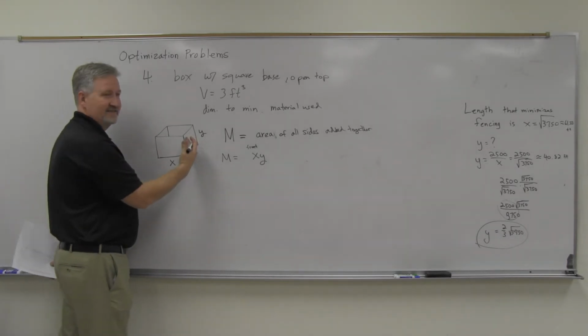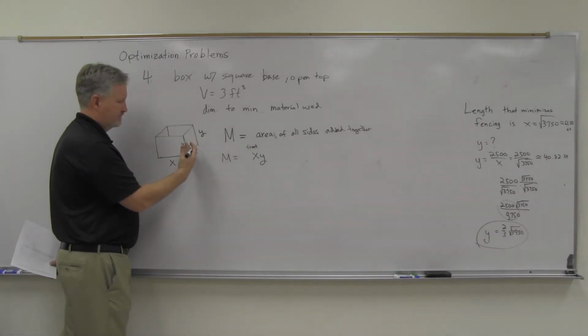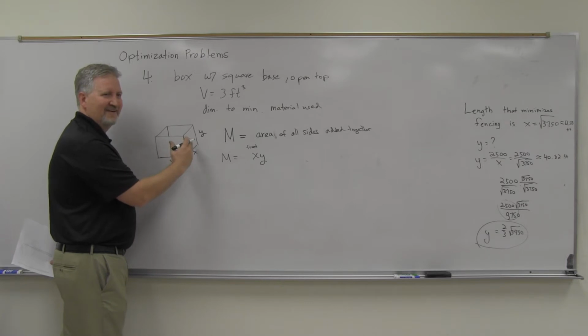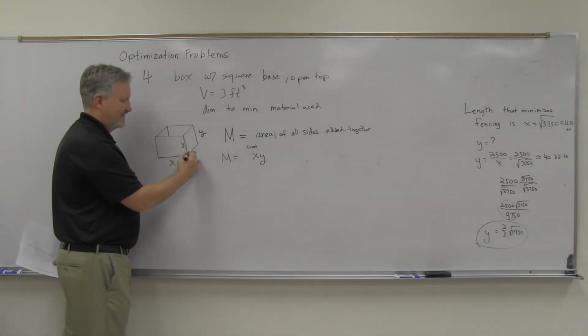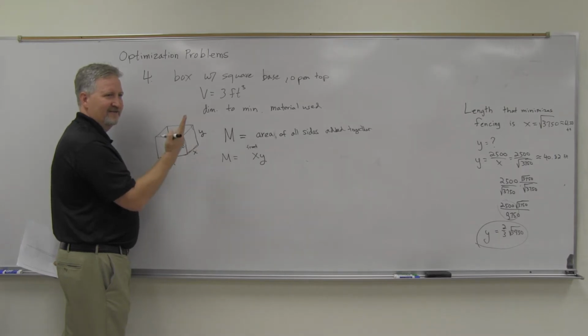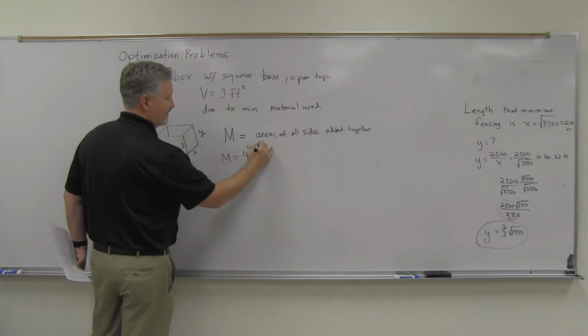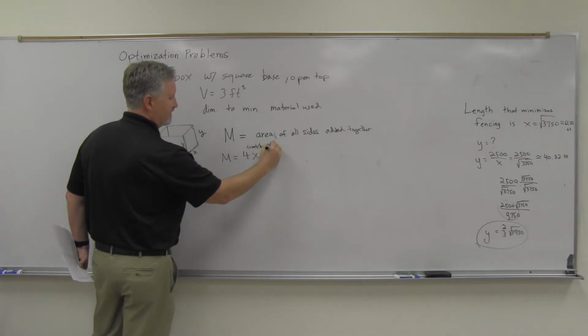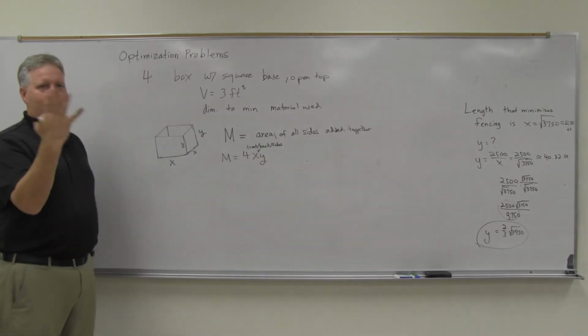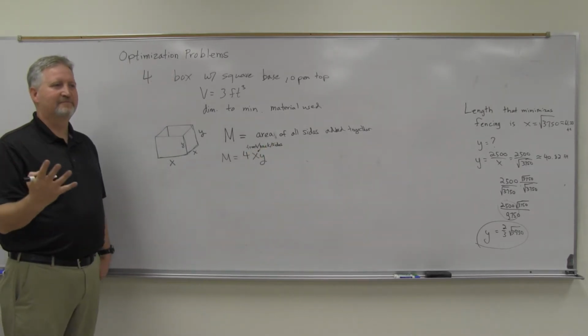What's the right side area? It's an x by y rectangle also. What's the back? xy, and then the left side, an xy. So the front, back, and sides, the areas are all xy. So there's 4 xy's. Let's just put that in.